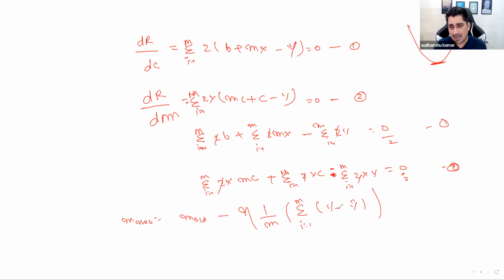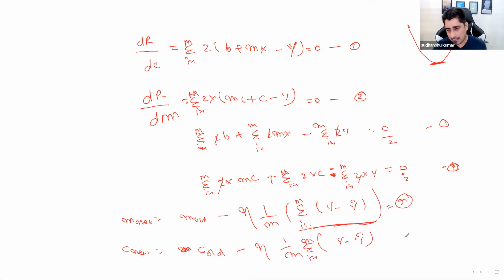Can I say that this particular term is nothing but the residual? If I square it, it is going to be a residual. Now your c new at any point of time is nothing but c old minus eta of 1 by m, summation of i equals 1 till m, y minus y hat.